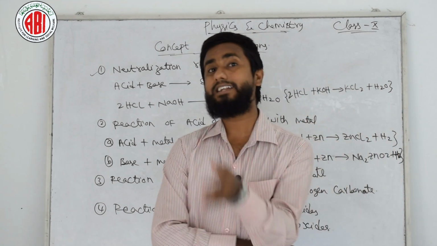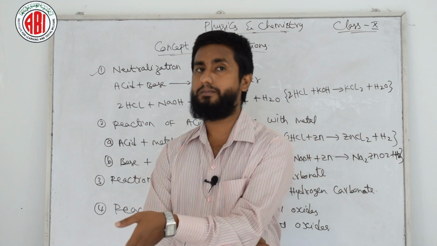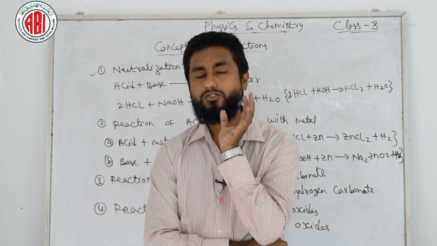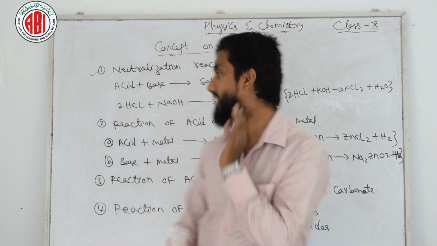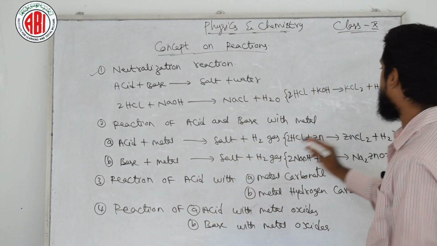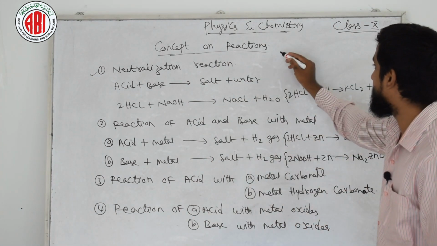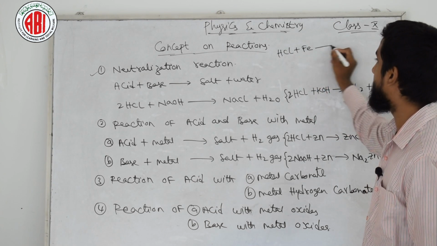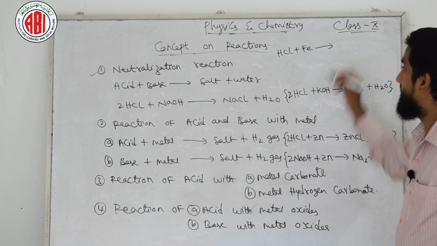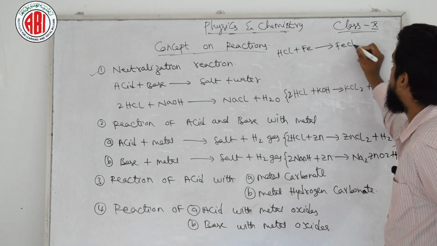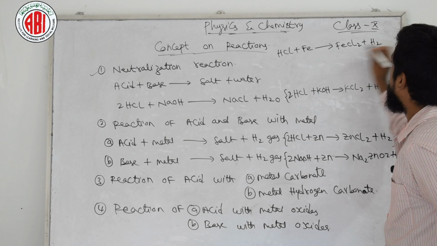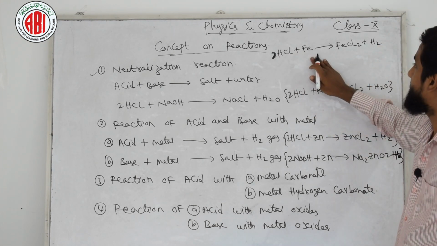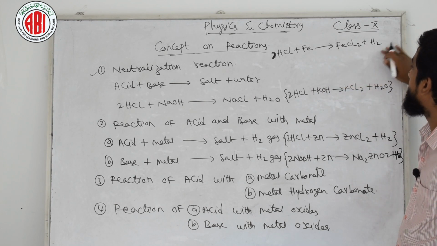Now one more thing I'd like to remind you, we have done this experiment in our lab also. Do you remember what we have done in lab? Here yours is different, I am writing the equation for it. In the lab we did HCl plus Fe, with iron pieces, remember? It gives rise to FeCl2 plus H2. Let me balance the equation here: 2HCl plus Fe give rise to FeCl2 plus H2.